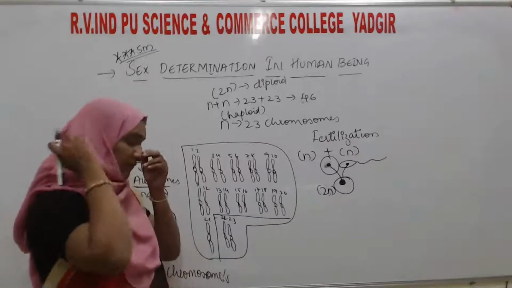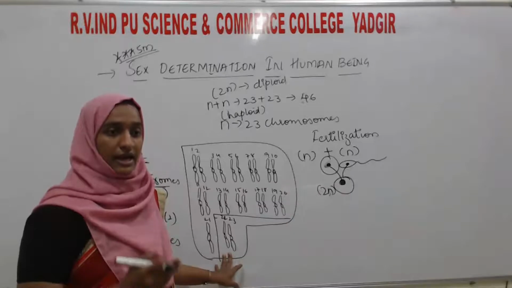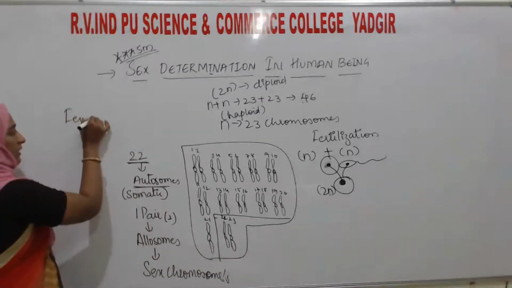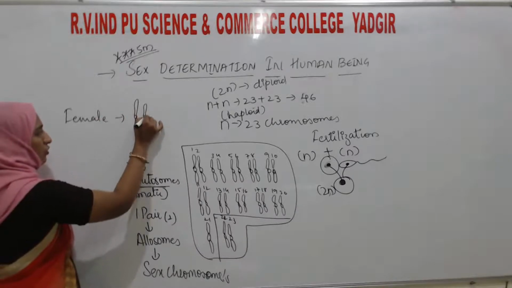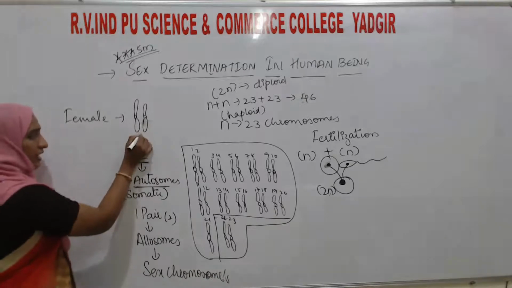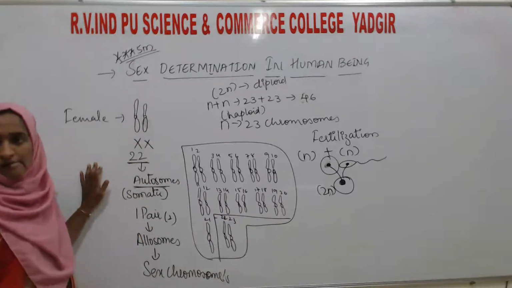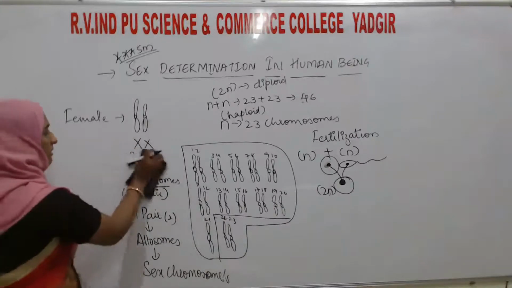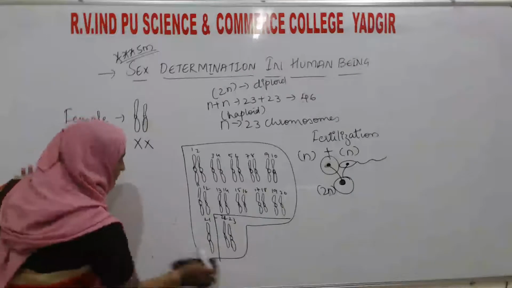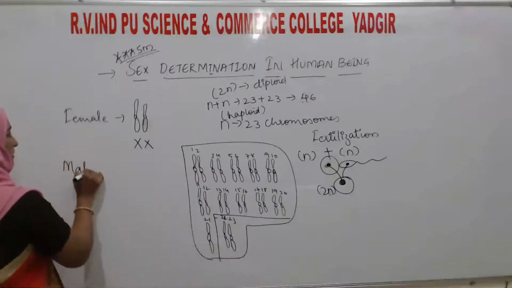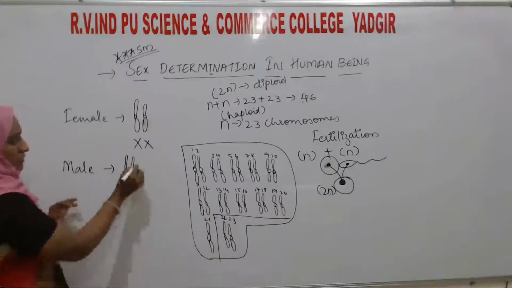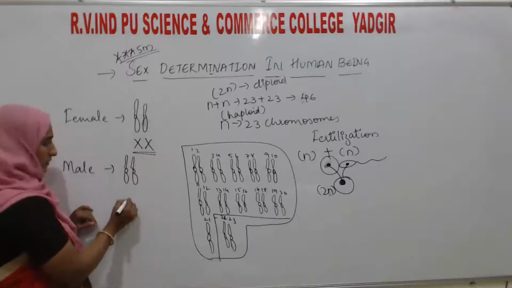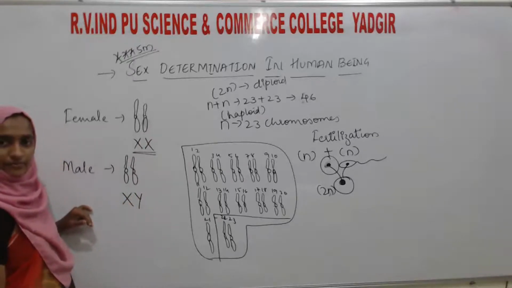Here in female this pair of chromosomes will be different, and in male it will be different. In female, these are the 2 chromosomes, and this can be represented as XX. In male, these 2 chromosomes will be XY.